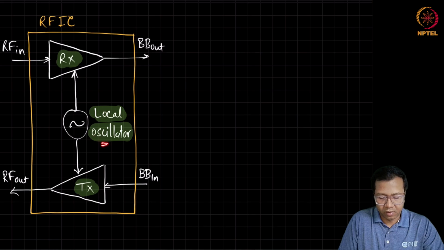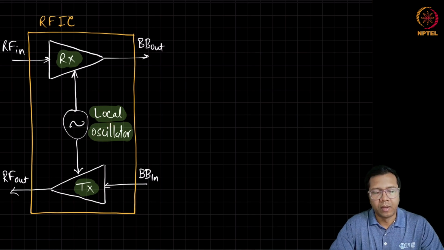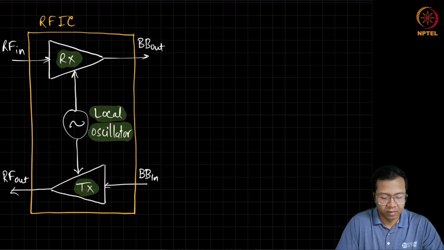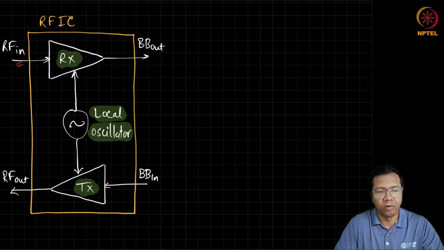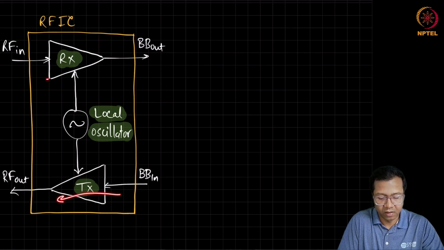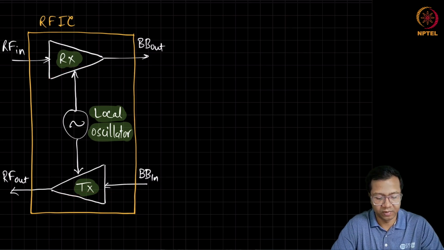And to enable this conversion of frequency from high to low and low to high, we need a block called a local oscillator, which will help in doing this modulation to high frequency and demodulation from high frequency to low frequency.